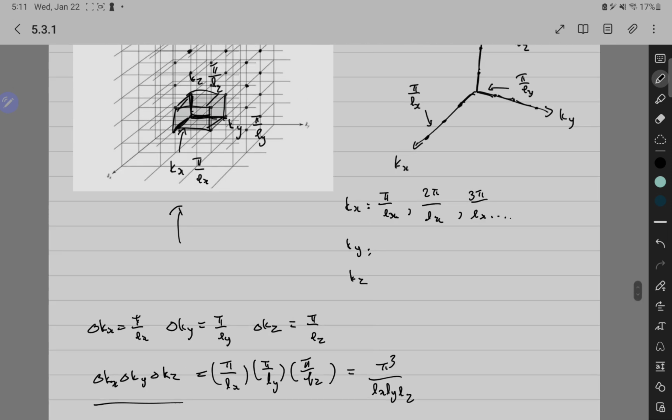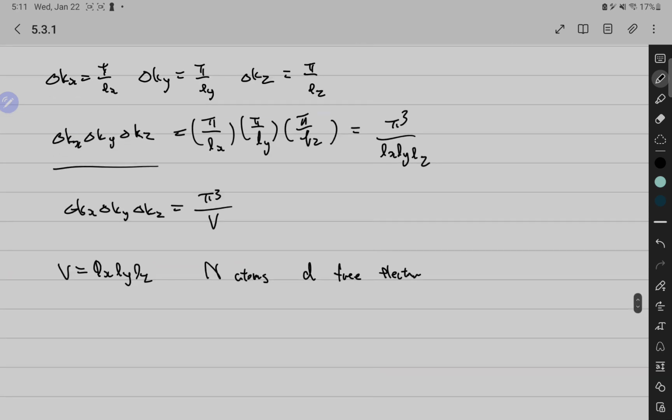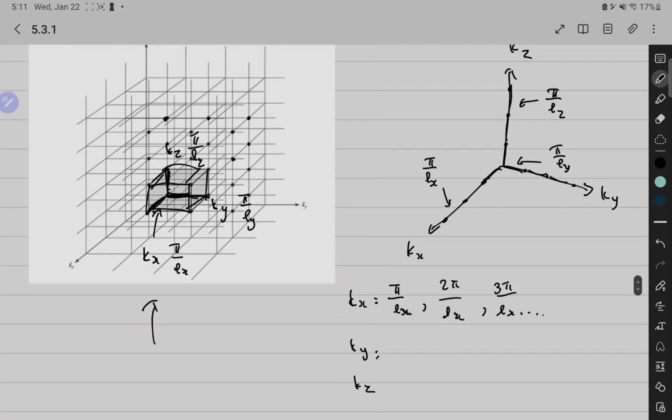That's very important in our case, because if each one of these shaded blocks is a quantum state with some finite volume, then within this finite volume we could only have at most 2 electrons because of the Pauli exclusion principle, right? One with spin up, one with spin down. That's the most we can have in each individual volume.